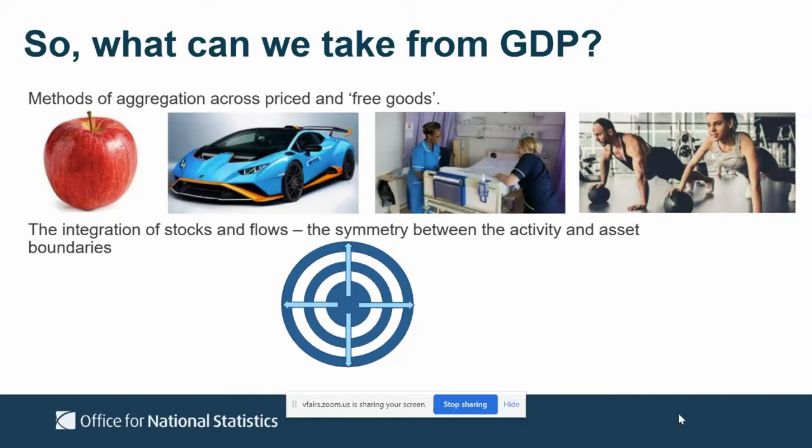So quite often when you look at this space, voices will talk about the importance of picking up depletion of natural capital, or understanding the importance of unpaid work. What we attempt to do in the analysis I'm about to show you is to make sure that we move the activity and asset boundaries symmetrically.